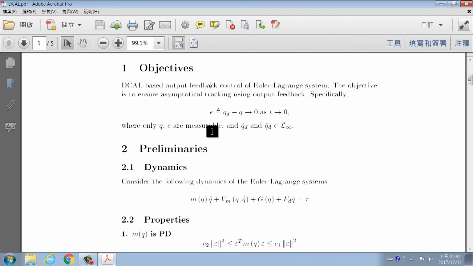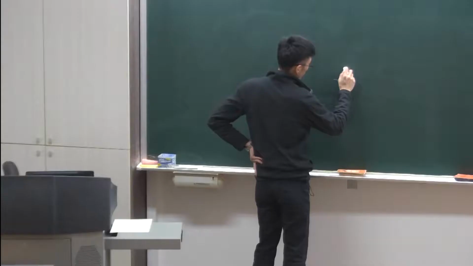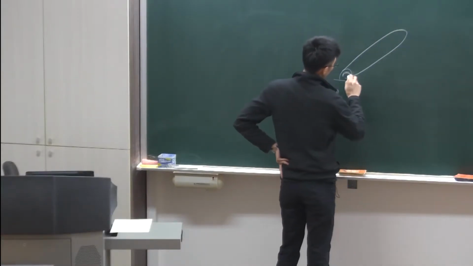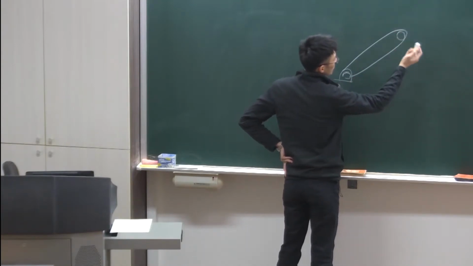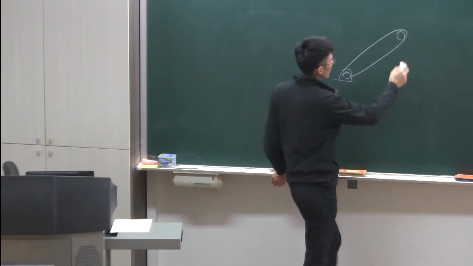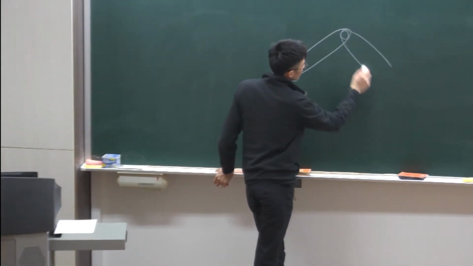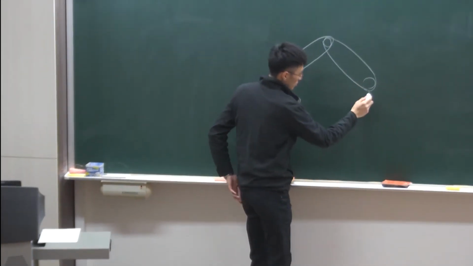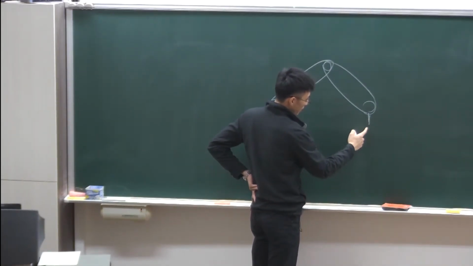Right. So, for example, in the robot manipulator case, if you have a two-arm robot, and here's your end effector.